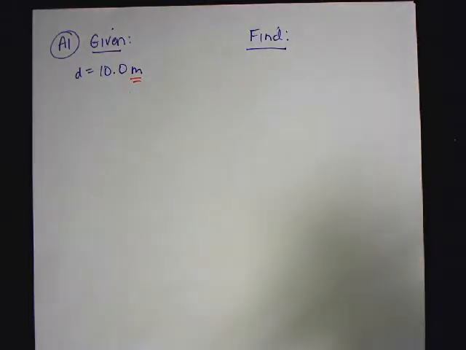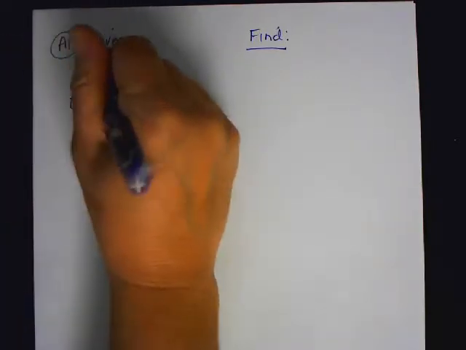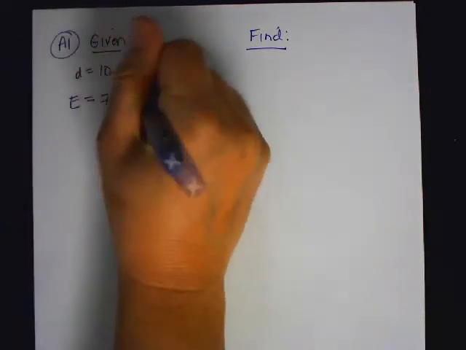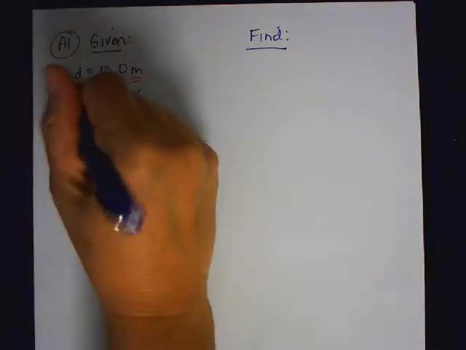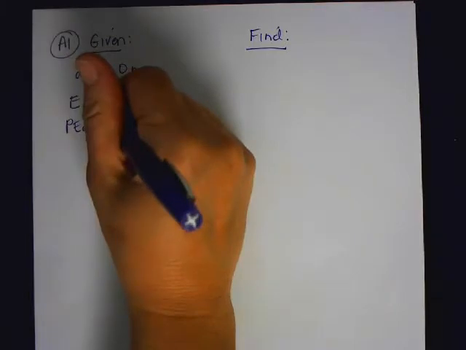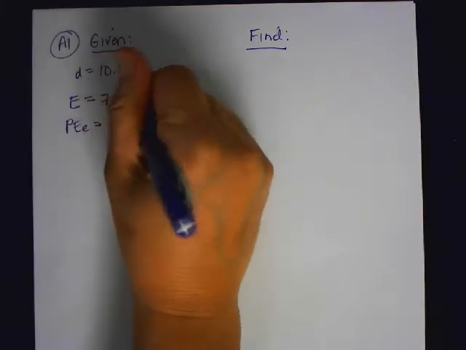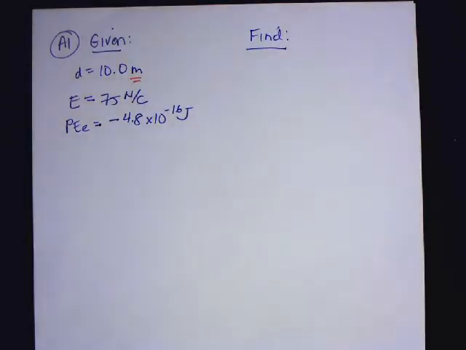So now they're telling me the strength of the electric field, so that's E. But if I wasn't sure, it says Newton per Coulomb, and Newton per Coulomb is the unit for electric field strength. Its electric potential energy decreases. So because this electric potential energy is decreasing, it's going to be negative 4.8 times 10 to the negative 16 joules.